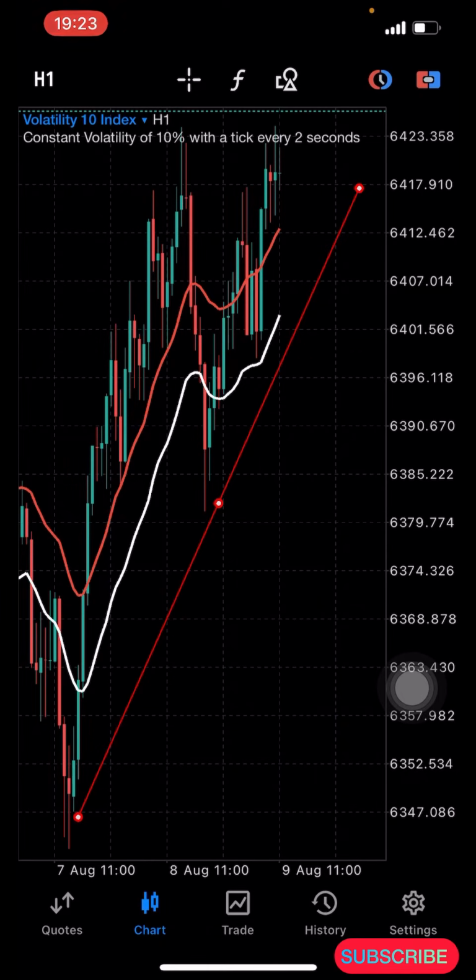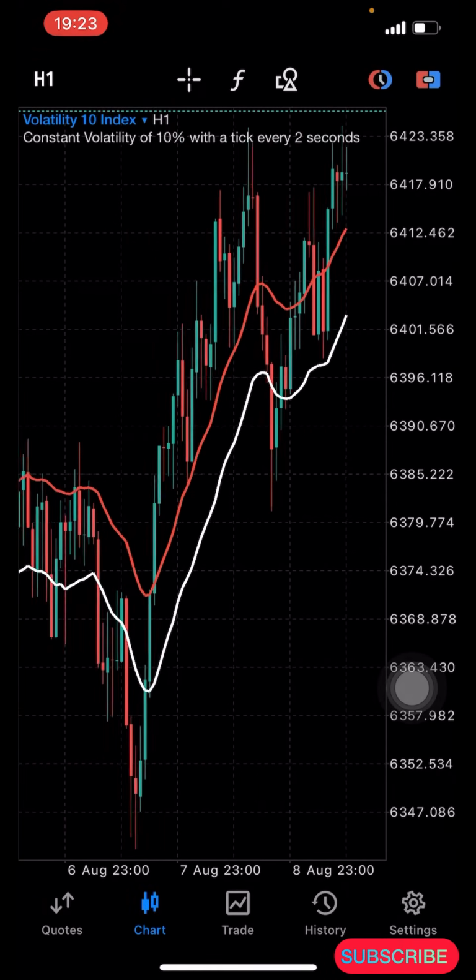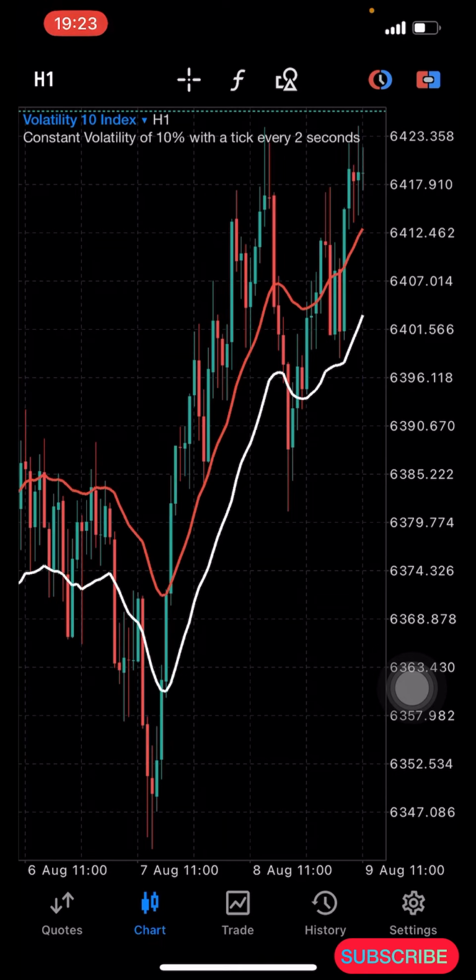After analyzing from the higher time frame, like the 1 hour, you go down to the lower time frame to take your entries. This is what you have to observe in the 1 hour time frame before you go down to the 1 minute, 5 minute or 15-minute time frame, whichever time frame you want in the lower time frame.